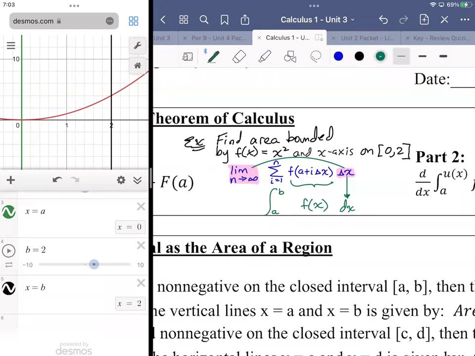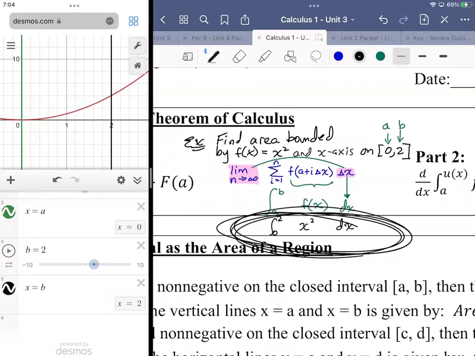So if I tell you the bounds are a equals 0 to b equals 2, I'd be looking at the antiderivative over the interval of 0 to 2. The function f of x is equivalent to x squared, and I still have my dx. This new expression, this antiderivative over an interval, is equivalent to that limit.